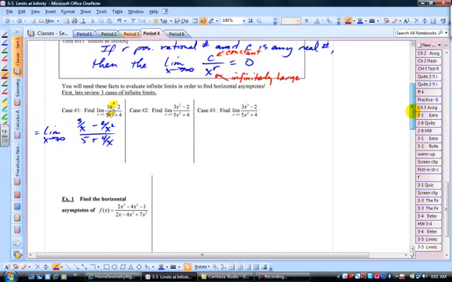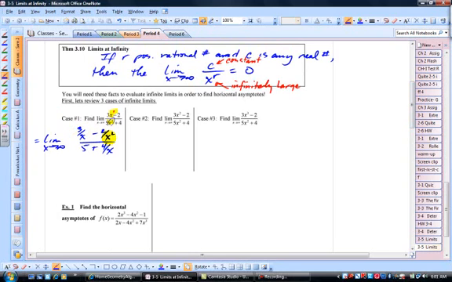According to our theorem above, all these fractions, where the denominators are getting infinitely large, have a limit of 0. So you get 0 minus 0 divided by 5 plus 0, which is 0 divided by 5, which is 0. So this limit is 0.